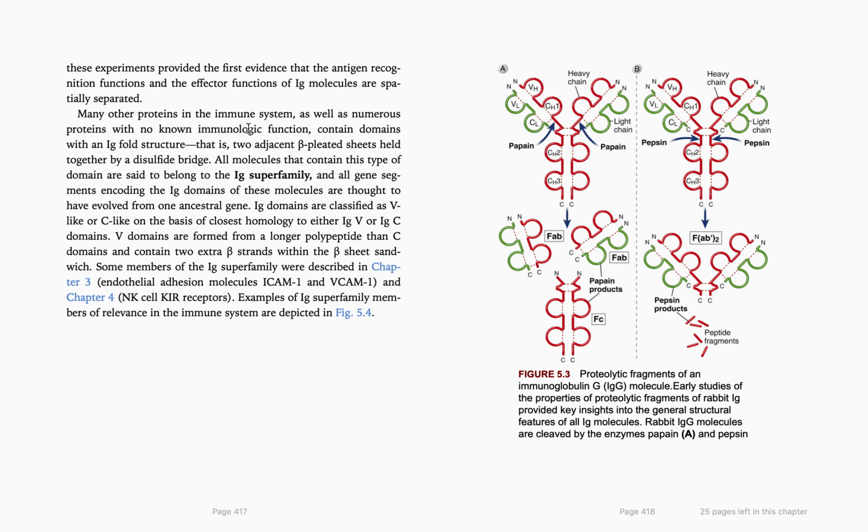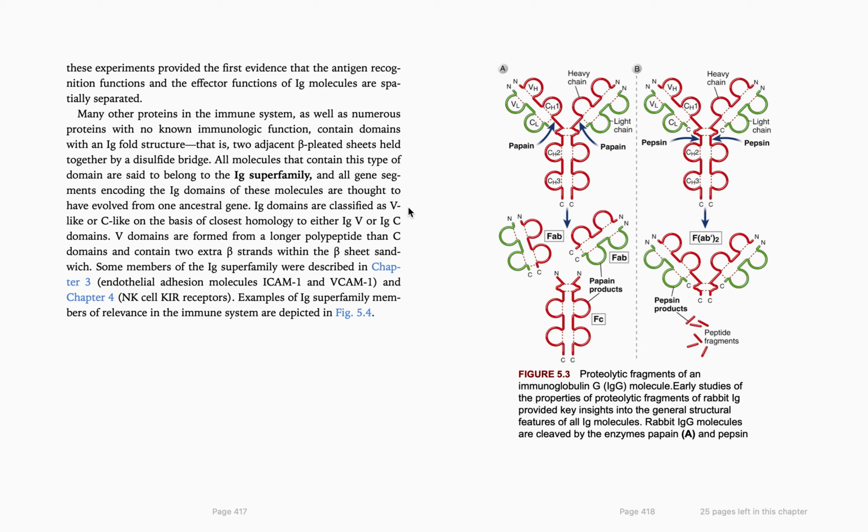Many other proteins in the immune system, as well as numerous proteins with no known immunological function, contain domains with the Ig fold structure, that is, two adjacent beta-pleated sheets held together by a disulfide bridge. All molecules that contain this type of domain are said to belong to the Ig superfamily, and all gene segments encoding the Ig domains of these molecules are thought to have evolved from one ancestral gene.